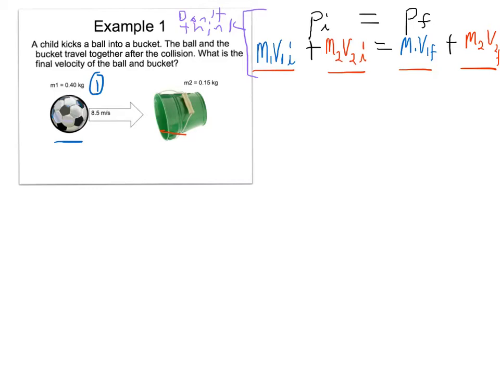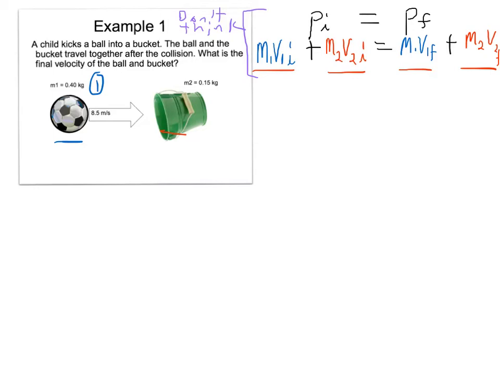Total momentum, just like total energy, is conserved, except in the universe, no matter if there's heat or light or sound or energy becoming other things, the total momentum is definitely conserved, no matter what. Fact of the universe.